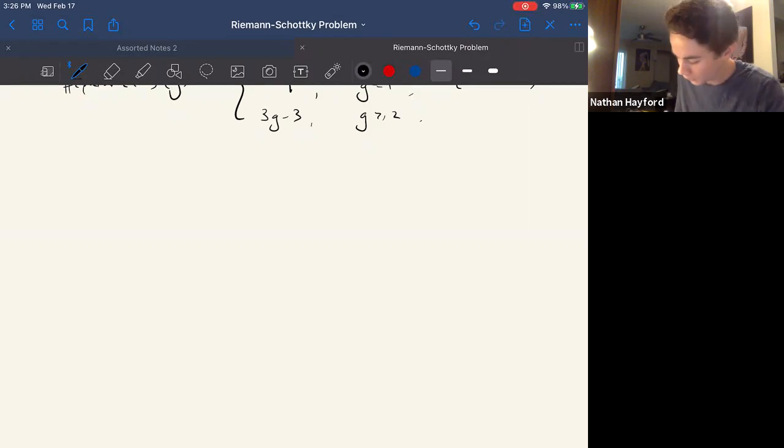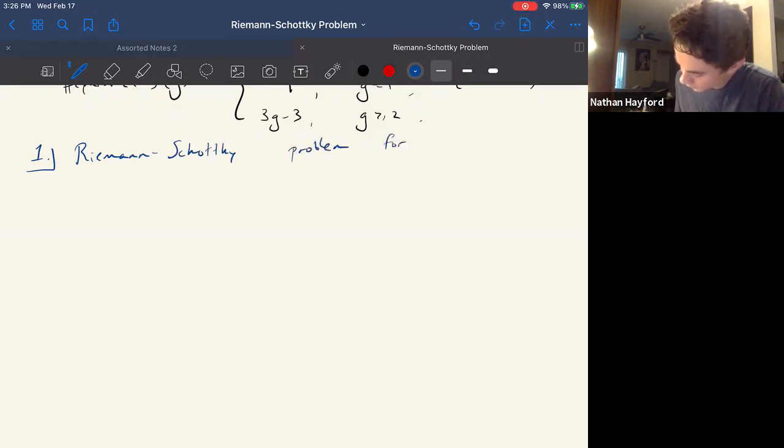Okay. So we'll start with, I'll label this one, Riemann-Schottky problem for plane domains. Because it's actually relatively easy to state for plane domains.